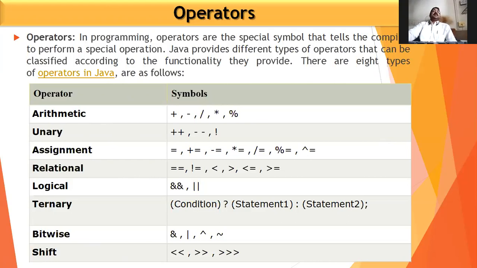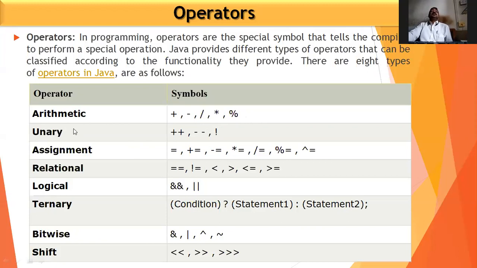So the first operator is arithmetic. So there are the symbols plus, minus, slash, star, and particularly the percent sign, which is used for modulo division. So this is an integer division and this is a modulo division. After the division we can get the remainder.